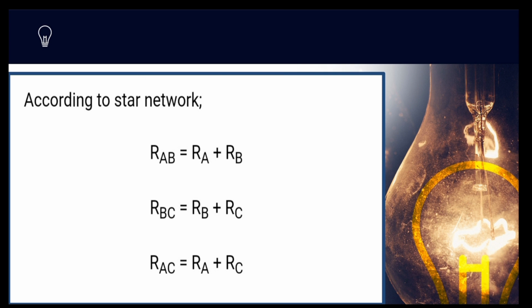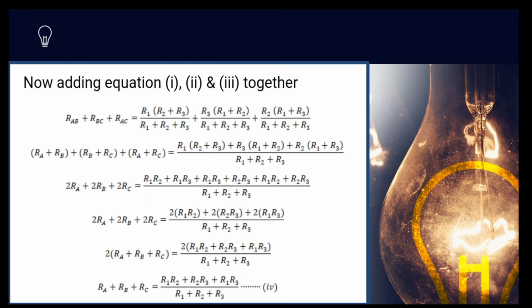These are simple equations, so I am not mentioning any equation names. Just remember RAB is equal to RA plus RB, RBC is equal to RB plus RC, and RAC is equal to RA plus RC.